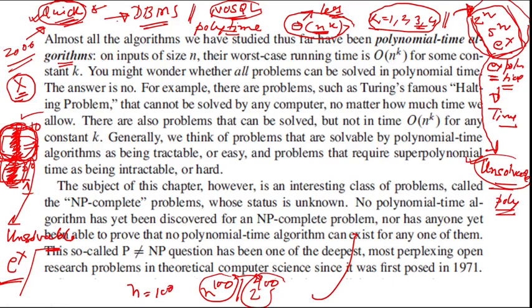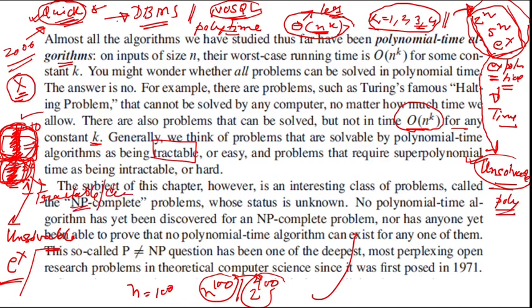So there are problems that can be solved, but not in polynomial time. Now another thing is that if you are not able to solve in polynomial time, then we are not interested. So for any constant k, generally we think the problems that are solvable by a polynomial time algorithm are tractable problems. So if you are able to solve this 20%, 30% of problems, these are called tractable. I am able to solve this problem, so I call it tractable. Sometimes they call it a decidable problem.